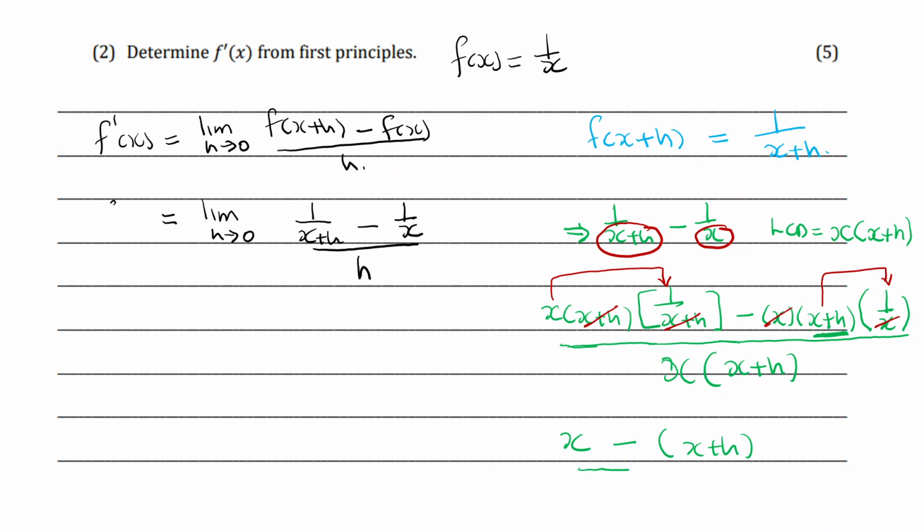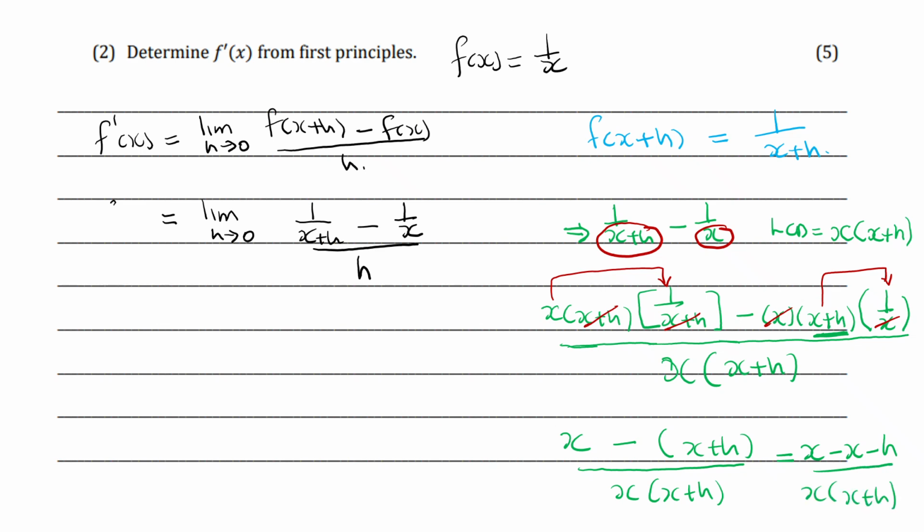I hope that makes sense. So everything is divided by x into x plus h. So now if we simplify this by multiplying out the bracket with the negative, I'll have x minus h, and everything is divided by x into x plus h.